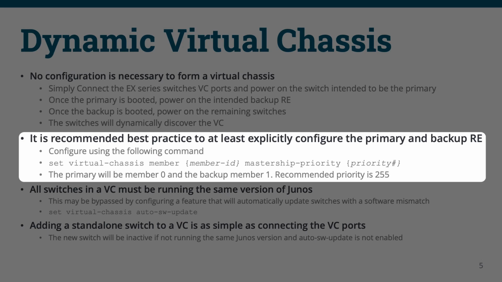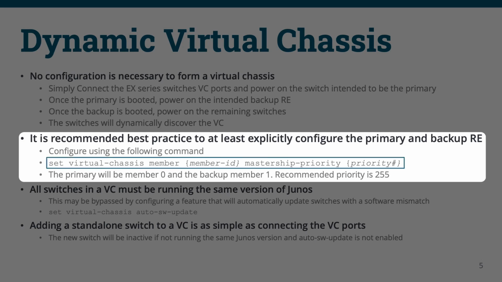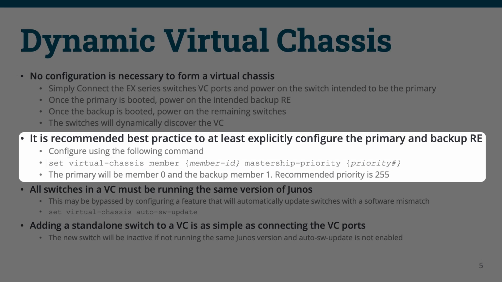In this case, we can use this command, set virtual-chassis member member-id mastership-priority priority-number, to set the priority for electing the REs. The highest priority value is 255, and the highest priority value seen will be elected the primary RE, with the second highest being elected the backup. If both are the same priority, the one which was powered on first will assume the primary RE role.